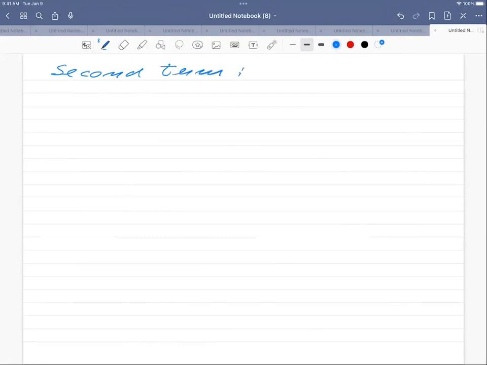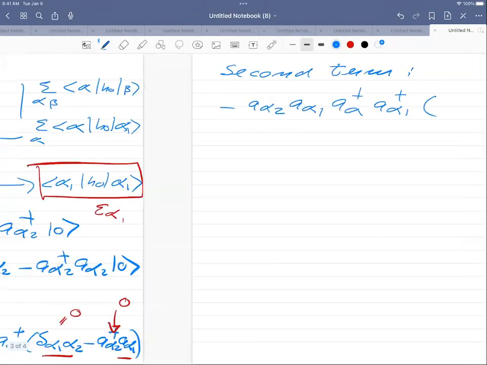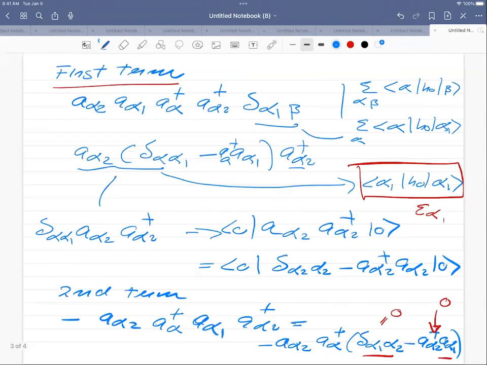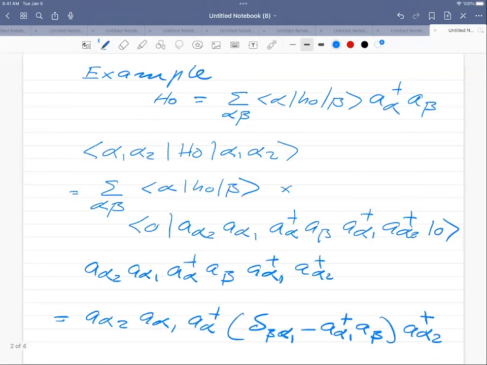The second term runs like a minus, and then I have my A alpha 2 here, I have my A alpha 1, I have my A alpha, and I have my A alpha 1 dagger. And now I'm interchanging in the last term which we rewrote here. So it's essentially this piece multiplied with that piece, which I'm going to manipulate now.